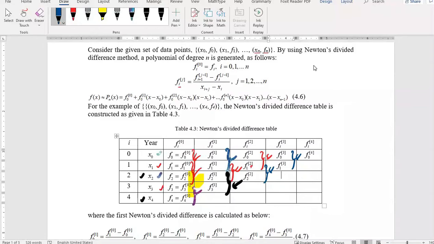We take the bottom value minus the top value, divided by, and this will be a big issue from the second level onward. But if you identify the formula properly, the first value of X is actually taking i plus j, so x(i+j), minus the current xi.